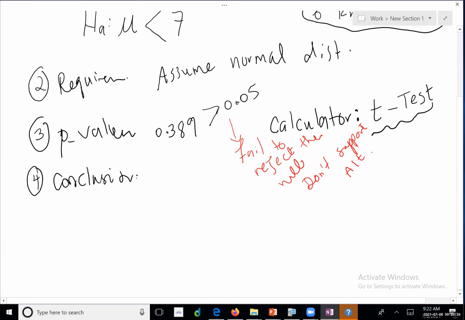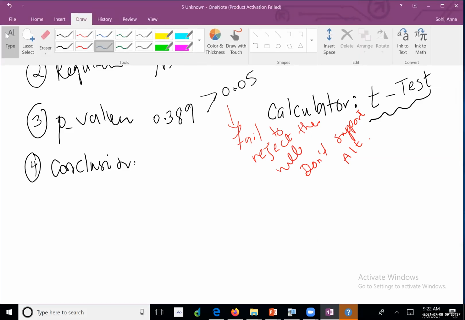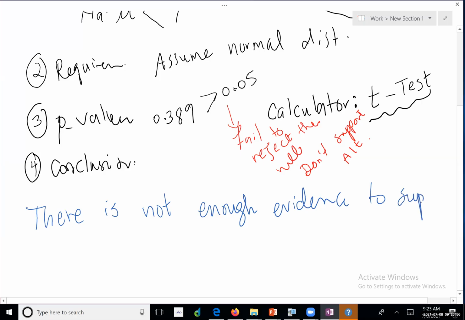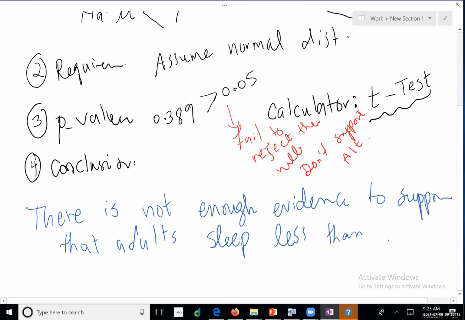And let's write the conclusion. You would say there is not enough evidence, because we are not supporting the alternative, to support that adults sleep less than 7 hours.